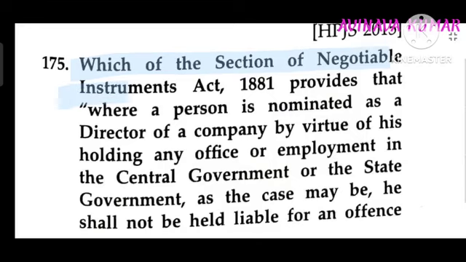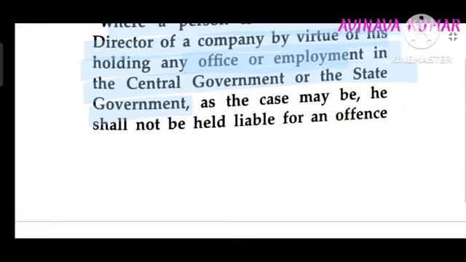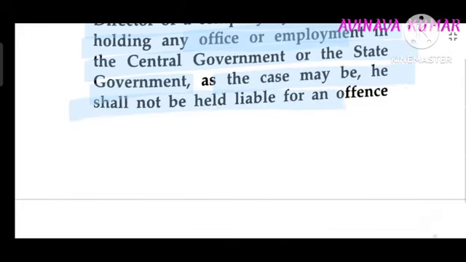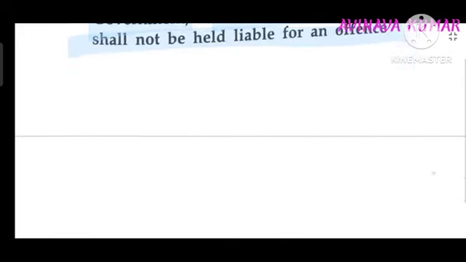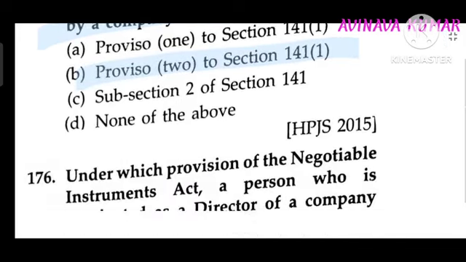Which provision of NIA provides that where a person is nominated as a director of the company by virtue of holding any office or employment in central government or state government, as the case may be, he shall not be held liable for offence under Section 138 committed by the company? Proviso 2 of Section 141 sub-clause 1.